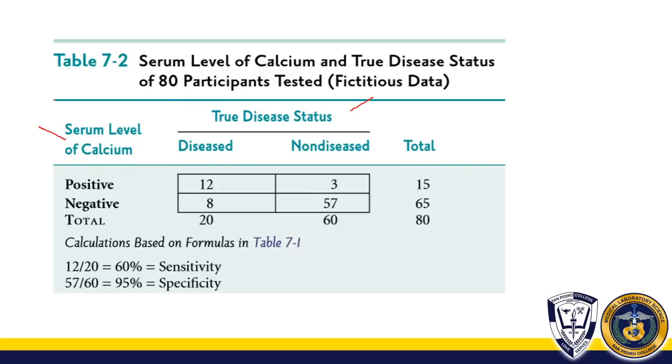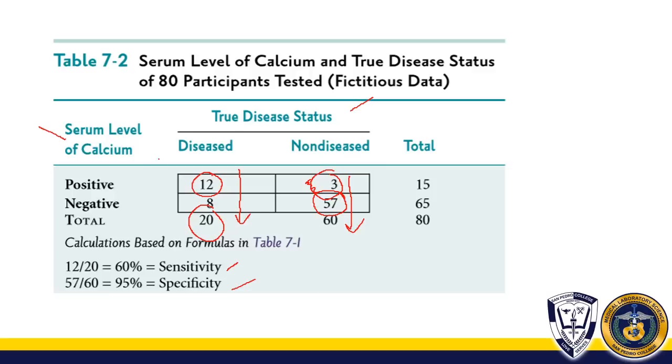So, how do we compute for sensitivity? This is A, going down, so 12 divided by the total number of individuals having the disease. As for your specificity, here, sorry, my mistake, that is 57, because those are the true negatives.